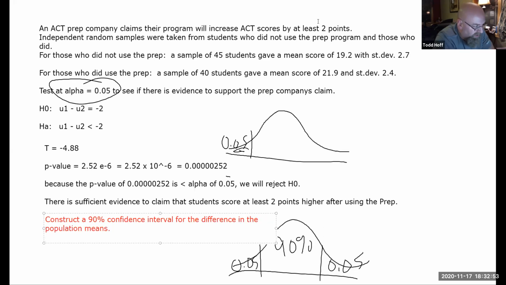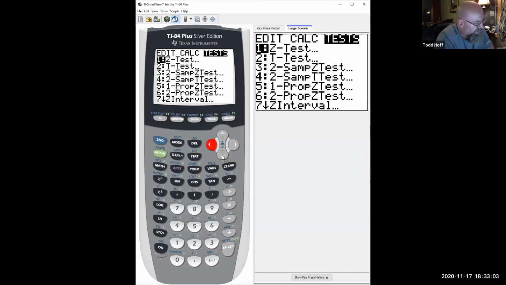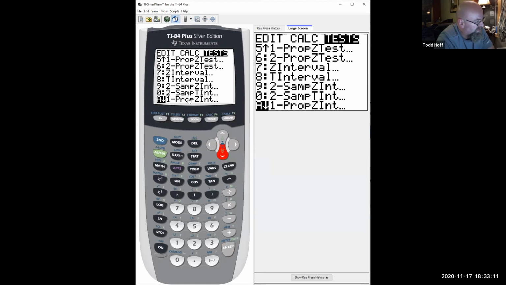So let's go to the calculator and enter this information here. So we're going to go to stat, tests. Now we have to go down to, this is a t interval, but it's a 2 sample t interval. There it is right there, option 0, 2 sample t interval.